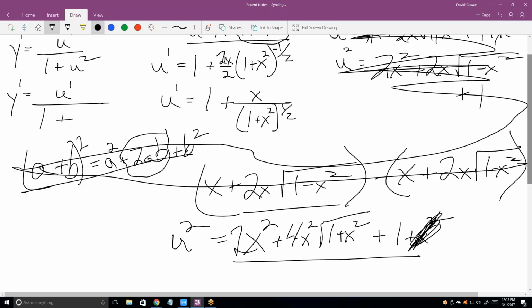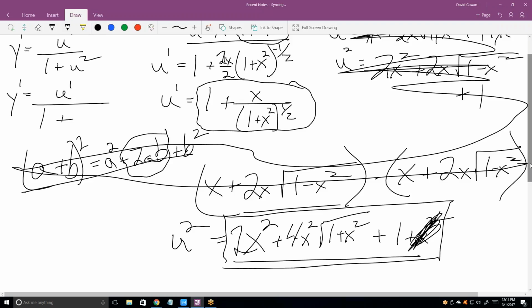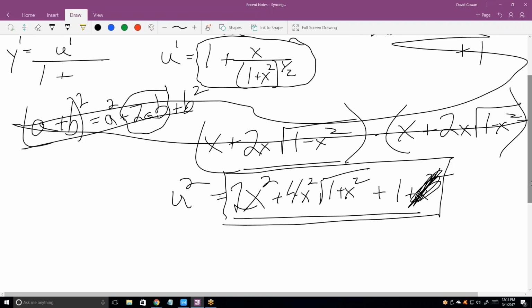U prime is this divided by 1 plus this. So let's see if I can write that, and then we'll figure out if we can simplify it.